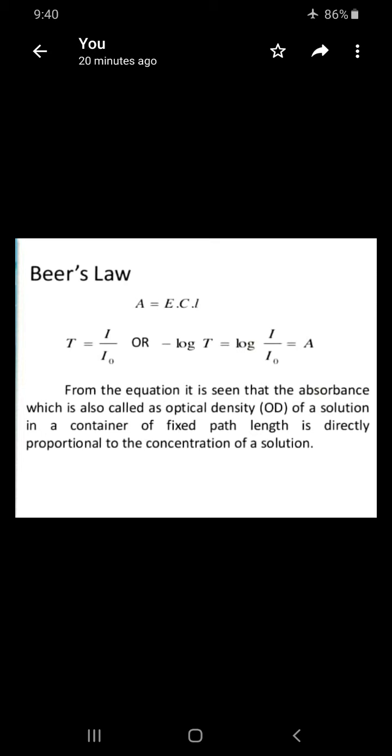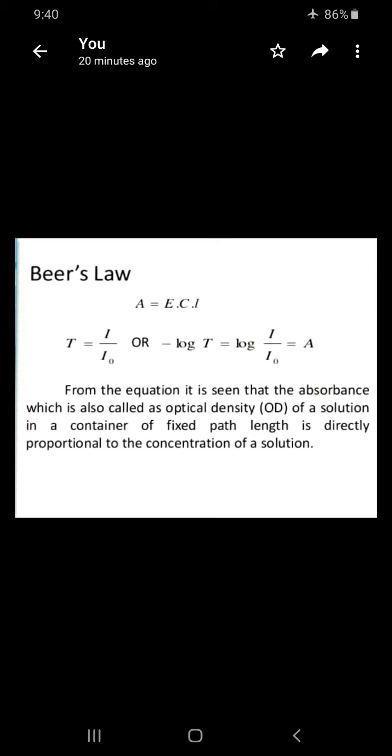So T is equal to I upon I naught, or log 1 upon T, that is log I naught upon I, is equal to A. From the equation it is seen that the absorbance, also called optical density (OD), of a solution in a container of fixed path length is directly proportional to the concentration of the solution. Clear?